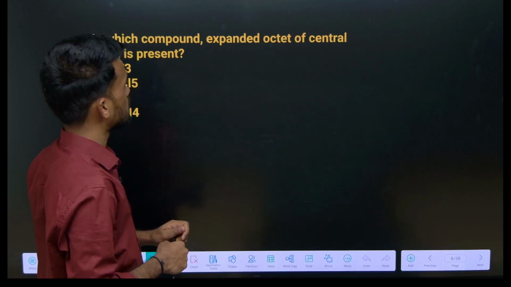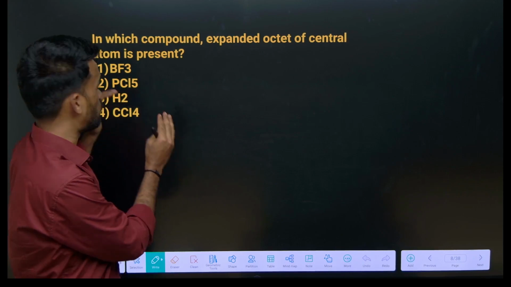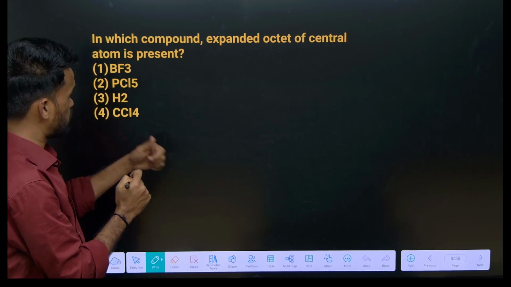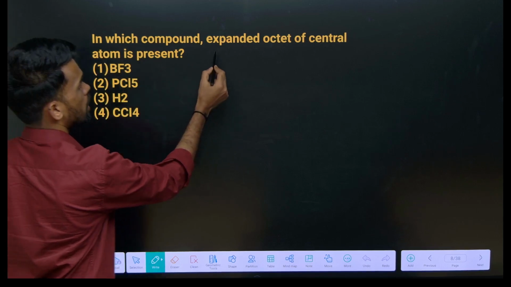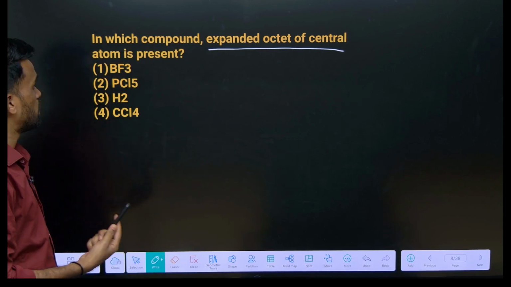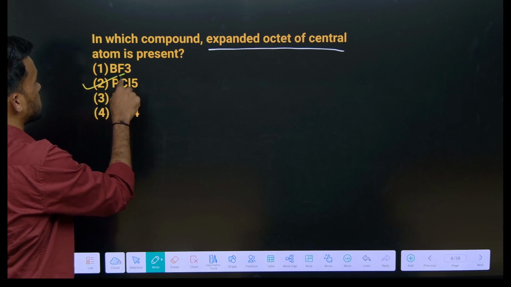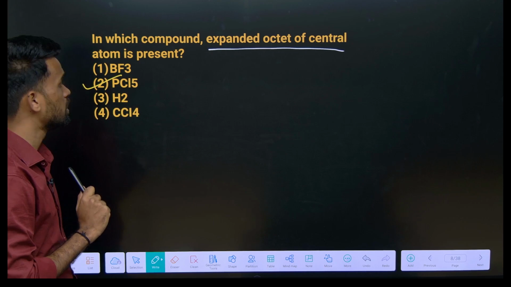Okay, then next, give me the answer for this question. We already discussed exactly what the answer is, because I explained it in the previous example. Just read the question. Which of the following compounds has an expanded octet of the central atom? By looking at it we can say, just now I explained PCl5 will have an expanded octet and SF6 will have an expanded octet.